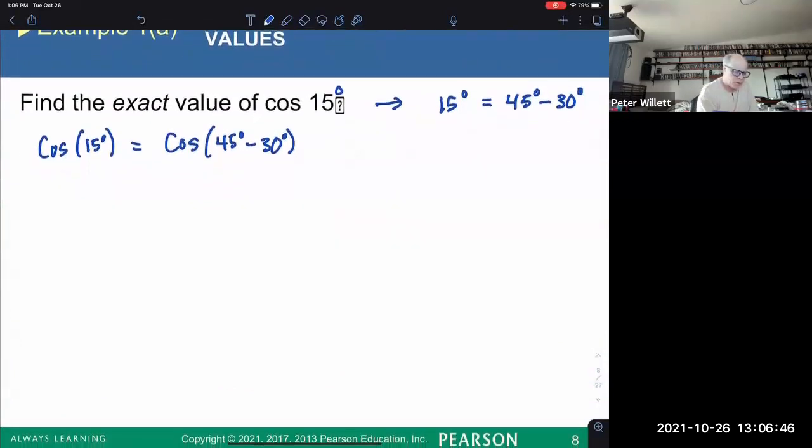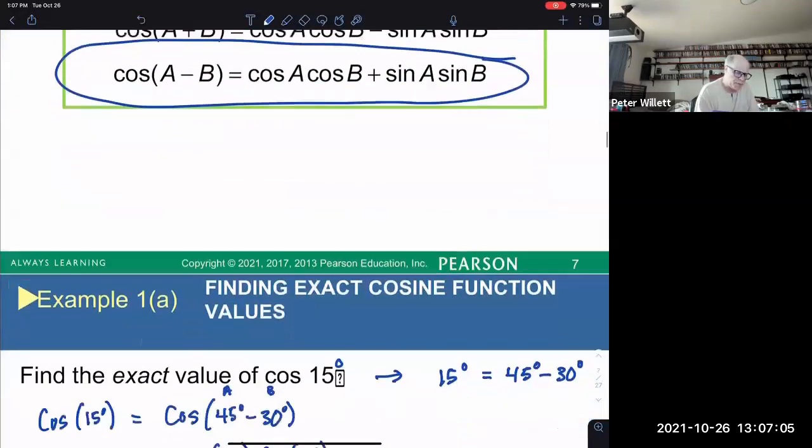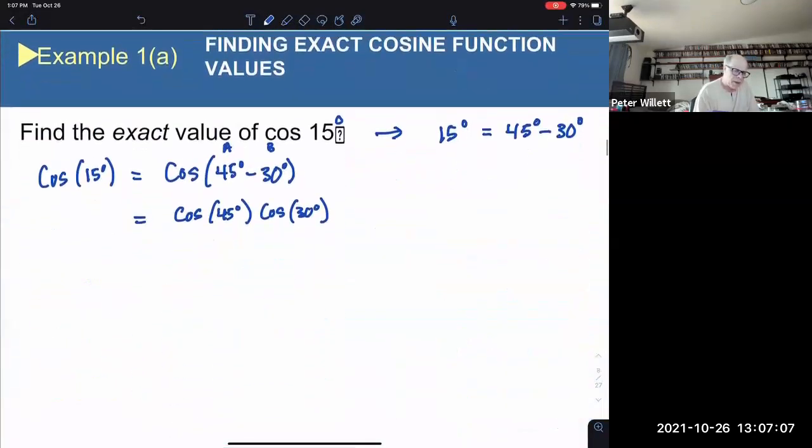So this would then be the cosine of 45 degrees times the cosine of 30 degrees. I'm calling 45 degrees angle A and 30 degrees angle B, and I'm using the cosine of A minus B. And you may just recall as you use these formulas, but you can always look them up, that when you have the difference of the angles, you will do the sum in the cosine identities.